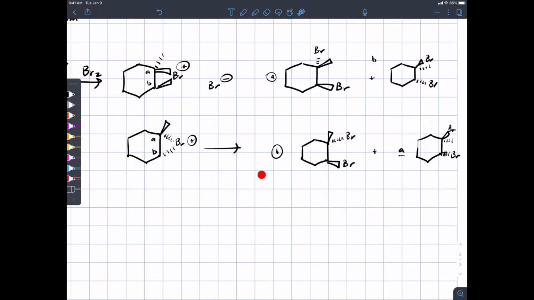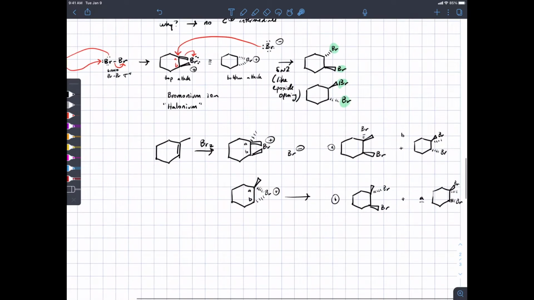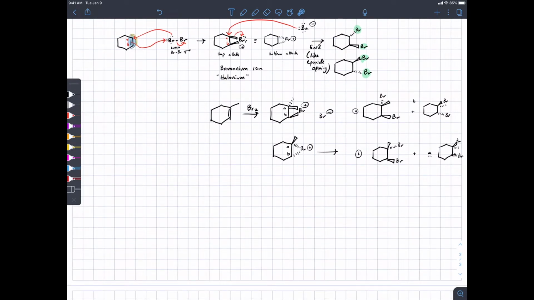through multiple pathways. Now, there's evidence to suggest that the nucleophile does attack the more substituted carbon preferentially. And the evidence for that happens if you do this reaction in a solvent that can also be a nucleophile.